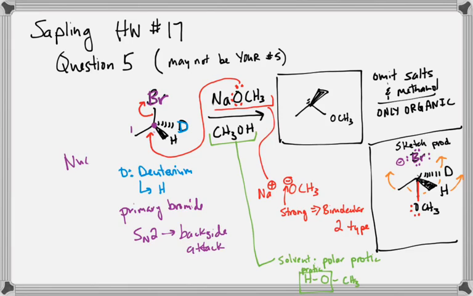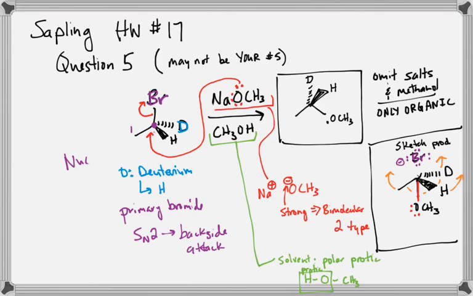Okay, well, all that happened is we pushed them upwards. We did not exchange their positions. Our wedge is still hydrogen and our dash is still deuterium. And now what we have is our final answer for our overall structure.